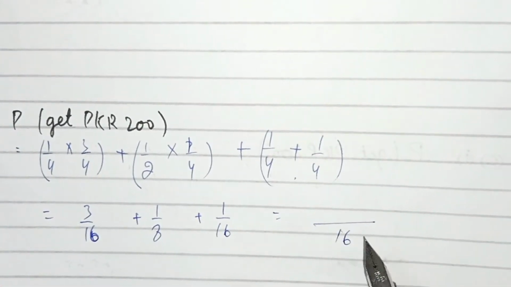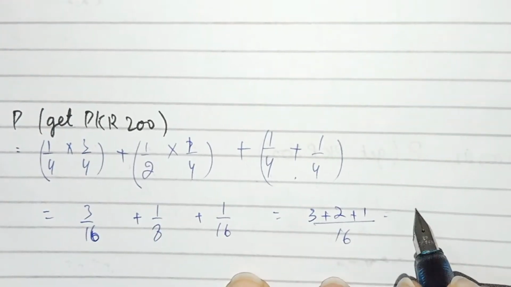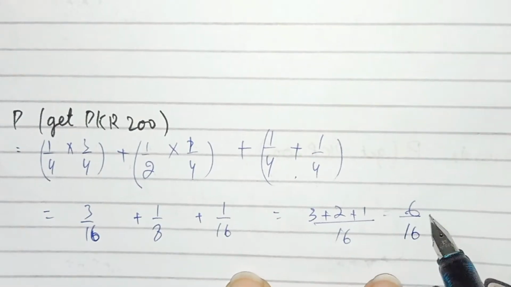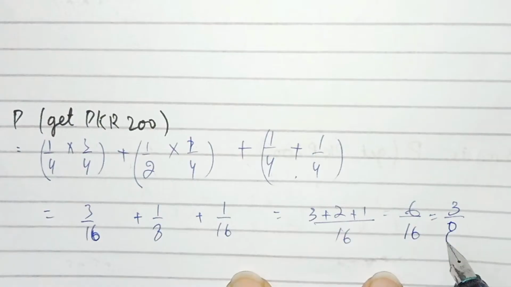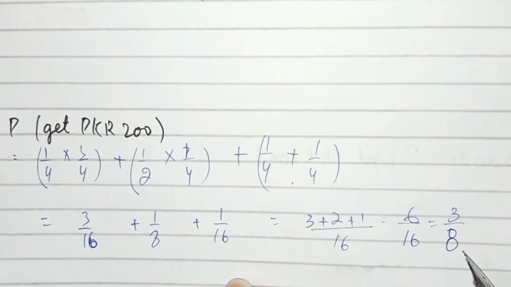And we get 16, 3, 2 and 1. We get 6 over 16, and we get 3 over 8. This is the probability of getting rupees 200.